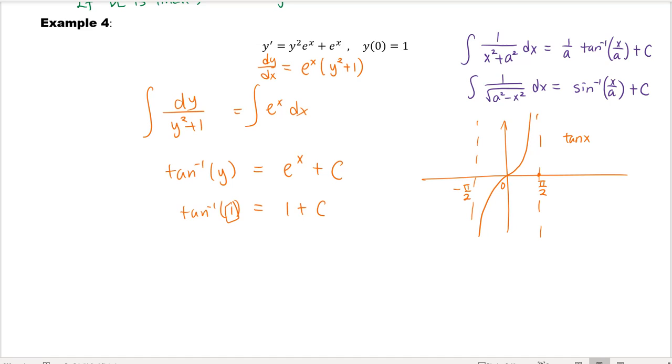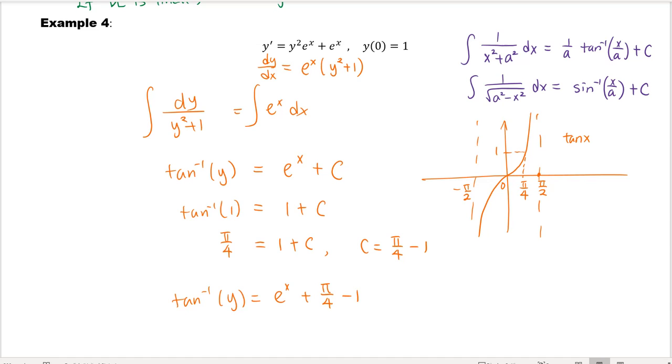The x of the tangent corresponds to the y of the arctangent. So if the y is 1, what is the corresponding x? Pi over 4. Now c is pi over 4 minus 1. So arctangent of y is e to the x plus pi over 4 minus 1.